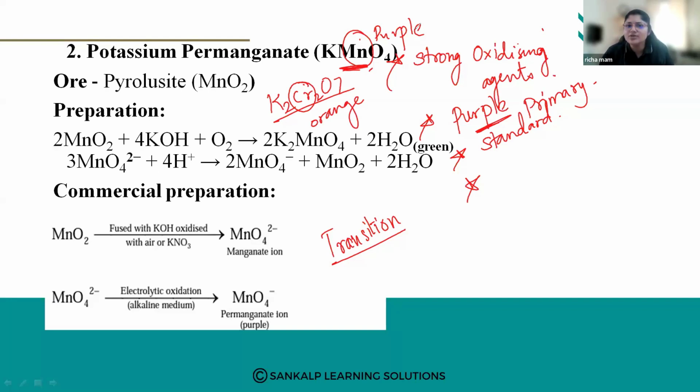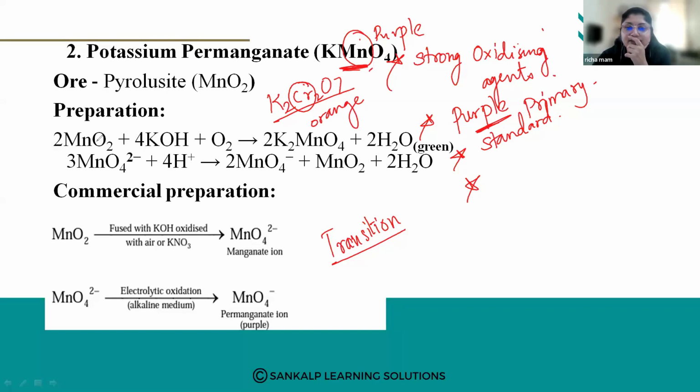Can you tell me why they form colored complexes? Why are they showing such intense, dark color? What is the reason? We have discussed this in the properties. They have the tendency to form colored compounds. Why are transition metals showing these colored complexes?